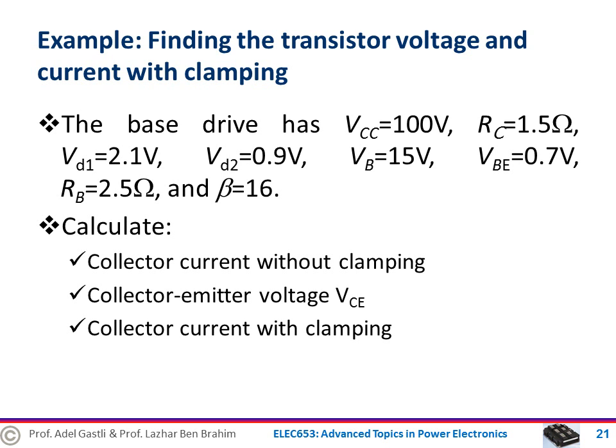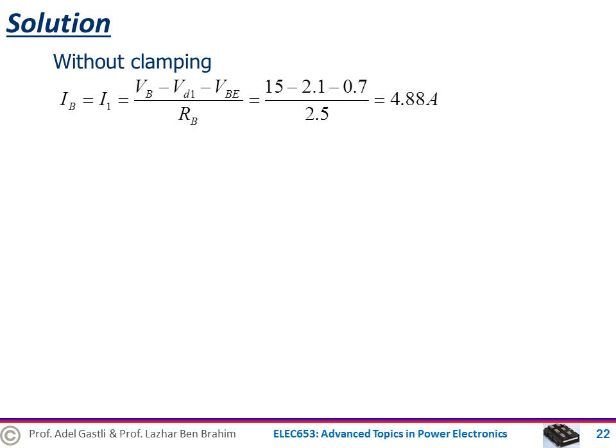So in this situation, we would like to calculate the collector current without clamping, the collector emitter voltage VCE, then the collector current with clamping. Let's first see what happens before clamping takes place. As seen earlier, without clamping, the base current would be calculated using the equation we have seen earlier and would be found equal to 4.88 amps.